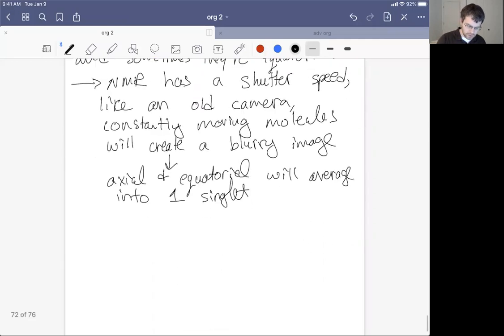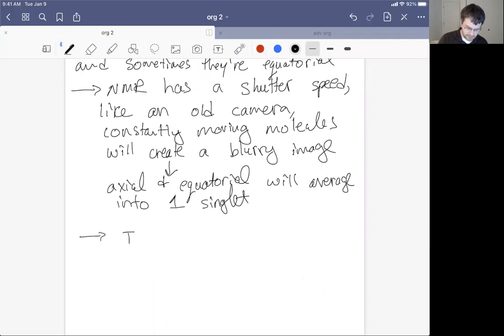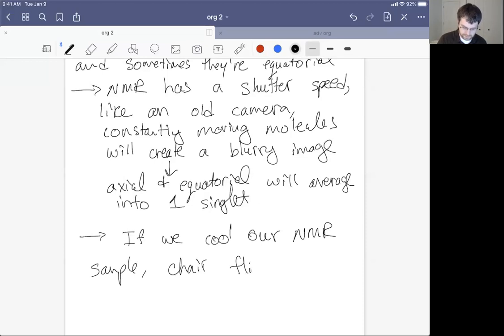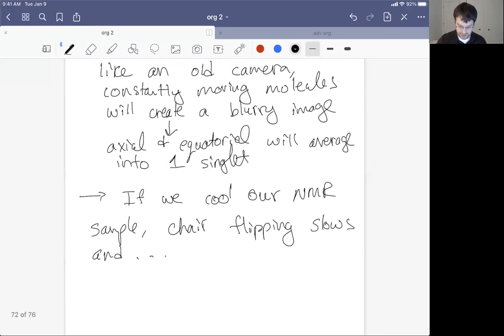If we cool our NMR sample, chair flipping slows down, and we observe two signals. Let's not worry about what their multiplicity is. Just trust me, we observe two signals.